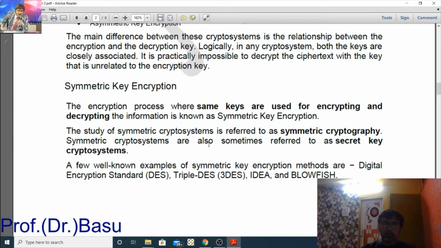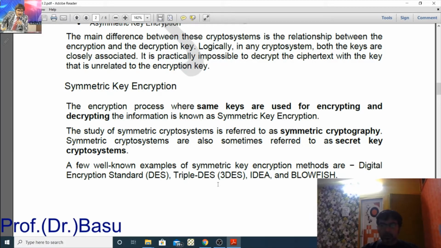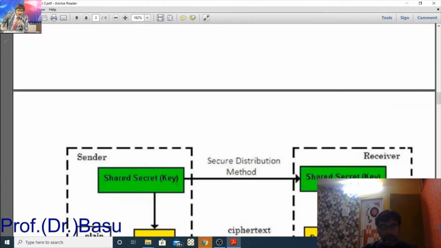This is mentioned over here, and we have to study the different systems of symmetric key encryption, like Data Encryption Standard, International Data Encryption Algorithm, DES, and AES, Advanced Encryption Standard. These are the different methods of symmetric key encryption we have to know.